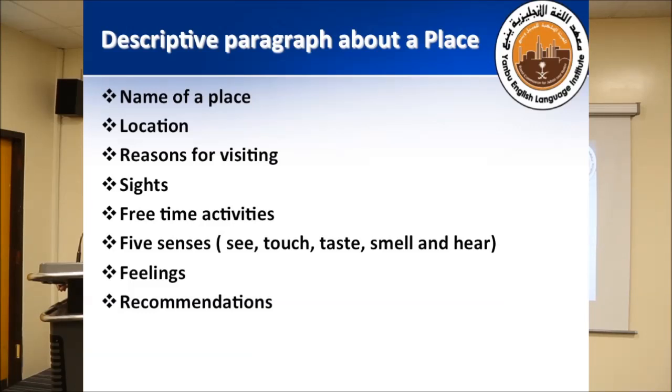You can also talk about the reasons why you visited that place, the sites you visited, and free time activities. You can use your 5 senses: sight, touch, taste, smell, and hearing. And you can also write about your feelings, how you felt when you visited that place.